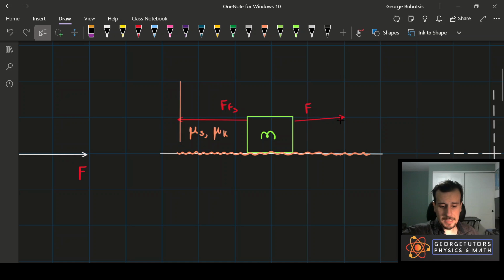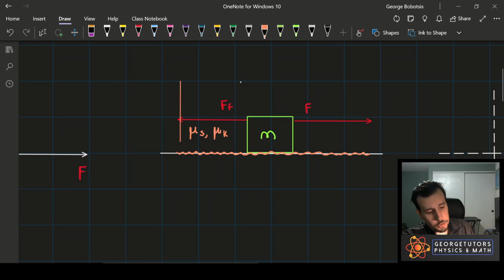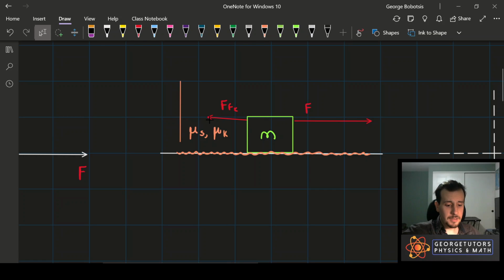Once my force is growing to a point where it's going to exceed that barrier, we're going to switch to a different regime. I will no longer be still. I will start moving, and a different kind of friction is going to take over once I traverse this barrier. What will happen is this will now be kinetic friction, and it will be a lot smaller than the maximum static friction that we had just a moment ago.